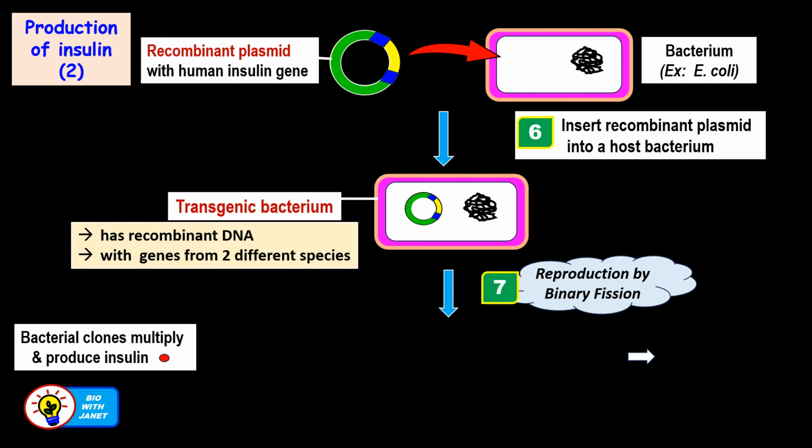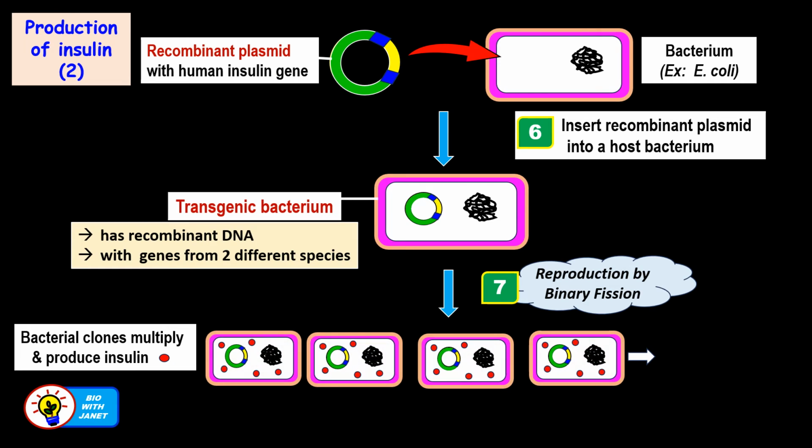And the new daughter cells produced are all clones that are genetically identical to the first transgenic bacterium here. So all of them have the human insulin gene in them, which will direct the synthesis of insulin in the cells. So you see all the insulin produced here, the red dots.